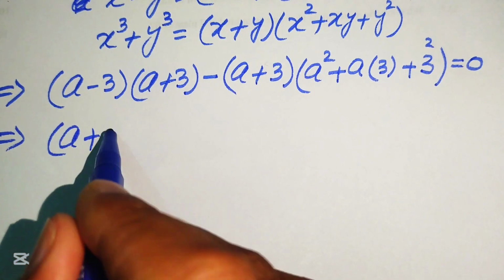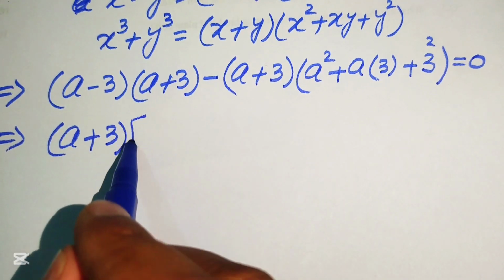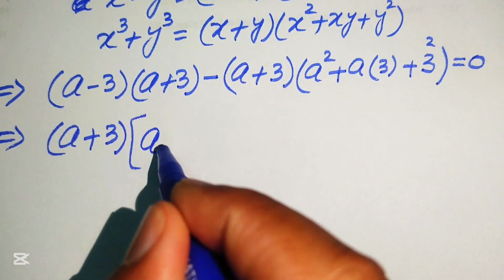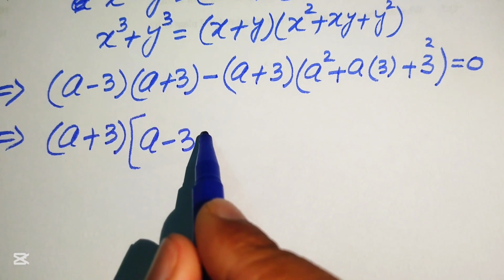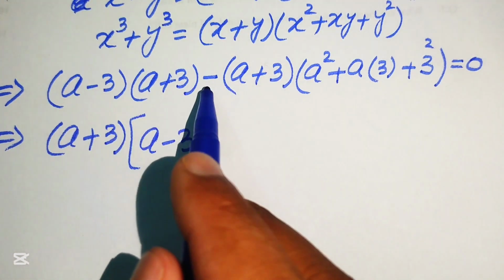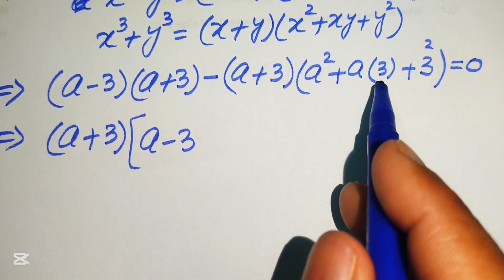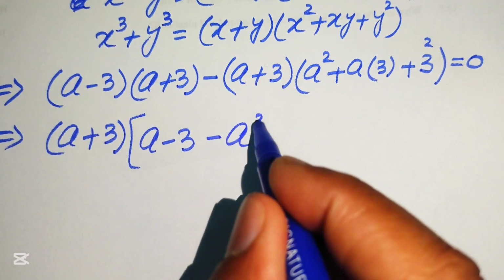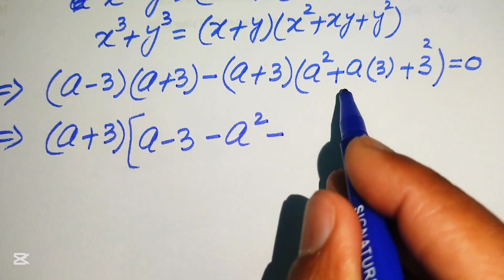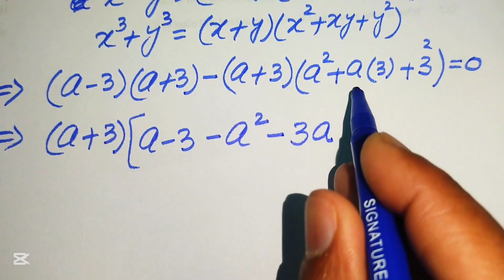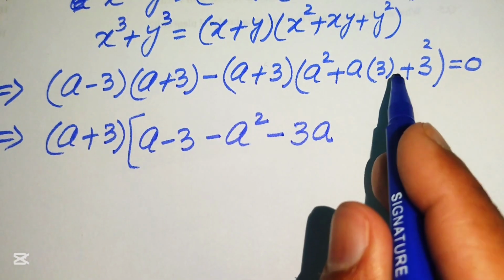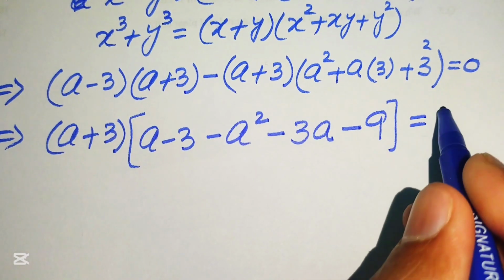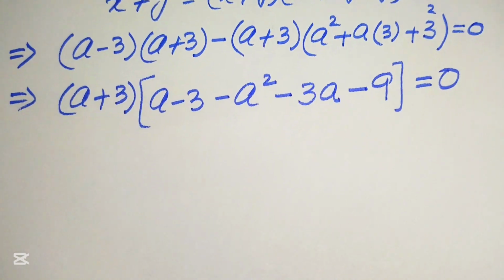So further in the next step you focus on both of these terms, and we see here you have a plus 3 as the common term. So when you take common a plus 3, the remaining terms are, here we get a minus 3, and here we need to multiply the negative sign on all of these values, and it will be written as minus a squared, and minus 3 times a, and this minus times plus becomes minus 3 squared, and 3 squared equals 9, and this whole equation equals 0.